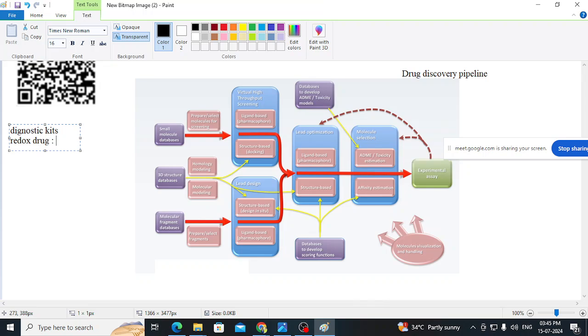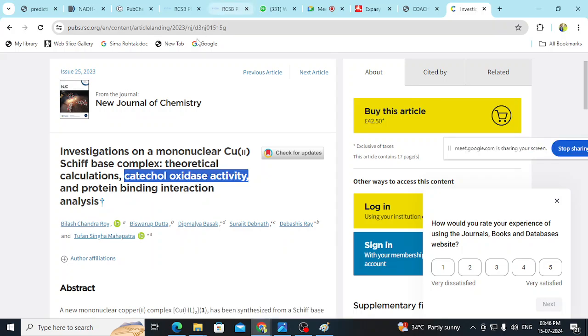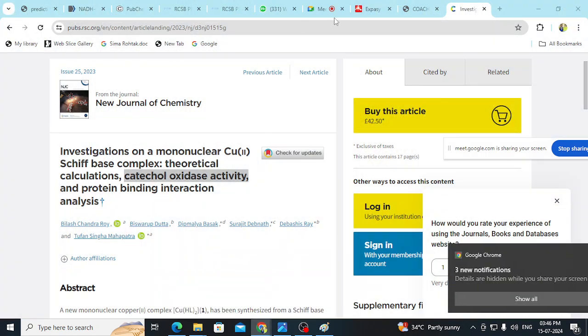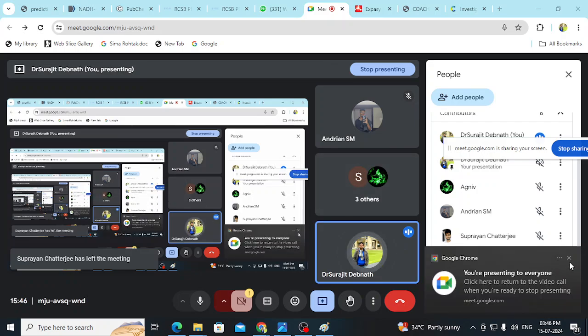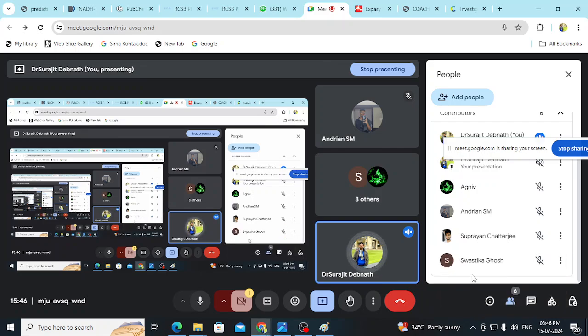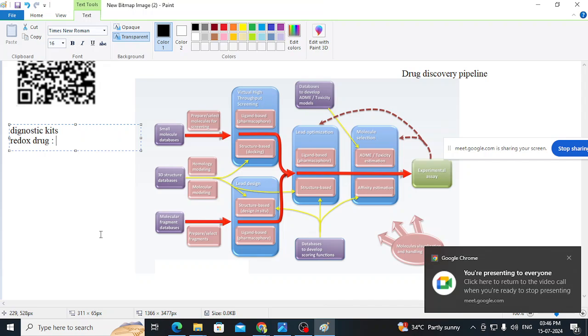So can any one of you name a redox drug which is linked to free radical scavenging or free radical removal? Can any one of you give some examples of such drugs which can act like free radical scavengers? Anyone? Can anyone give us some examples of drugs which are basically used for redox reactions?